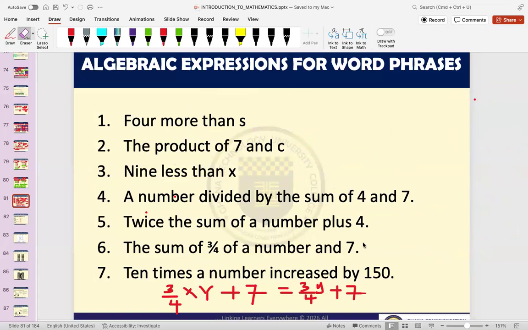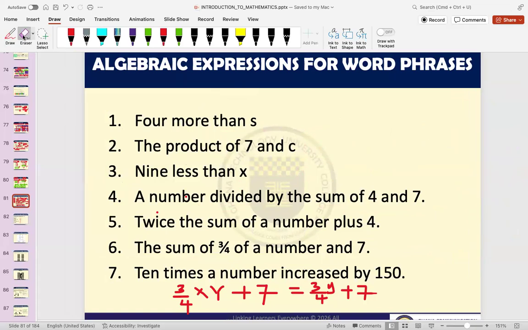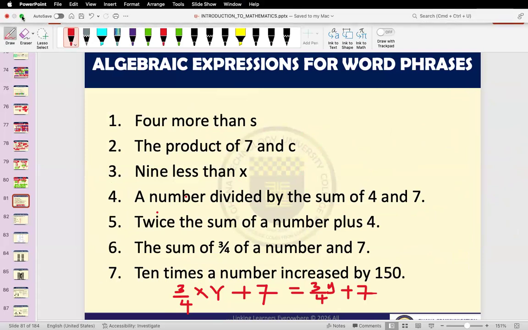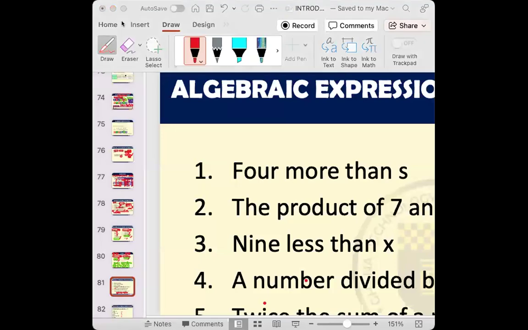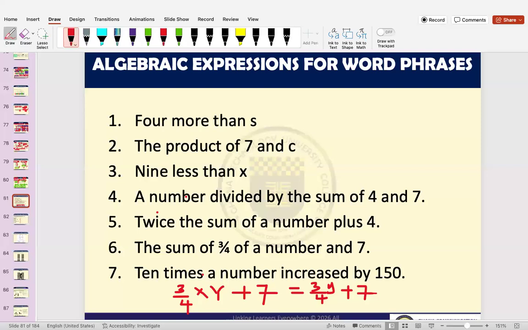It says the sum of 3/4 of a number and seven. So let's look at it. So this is what I did.